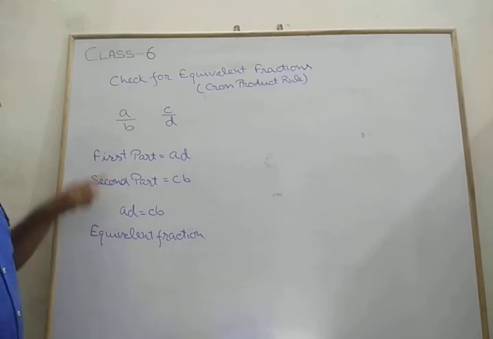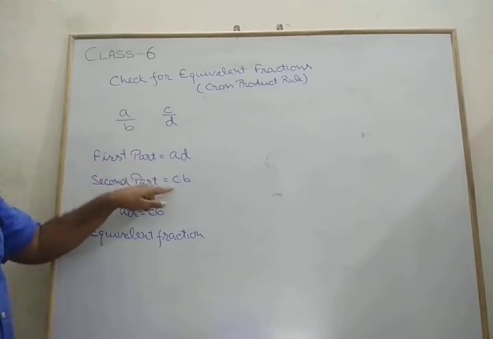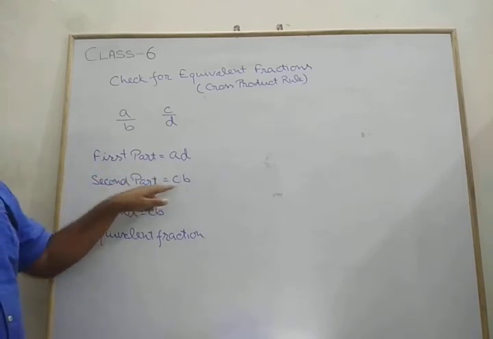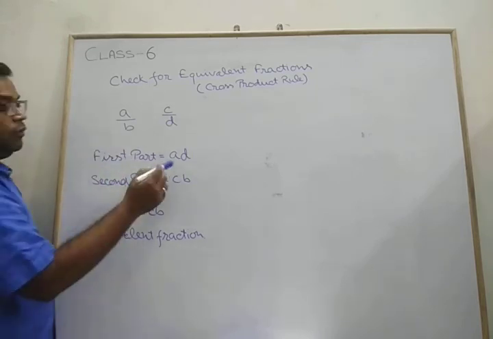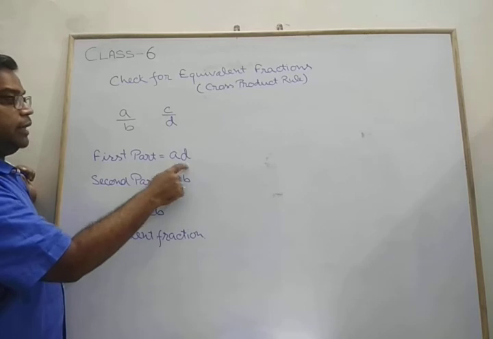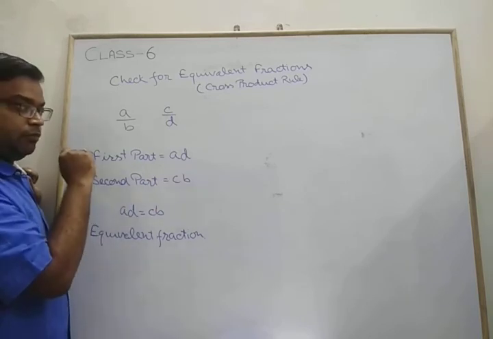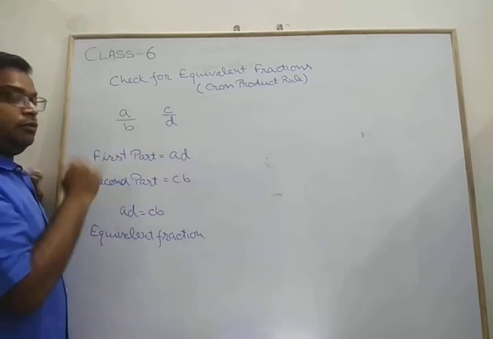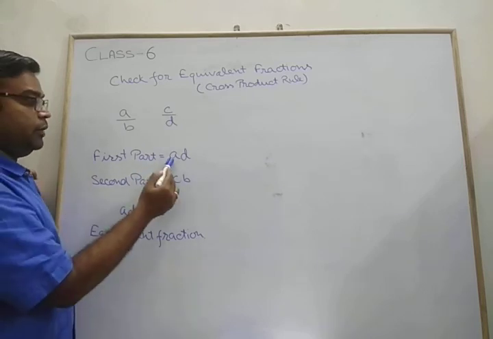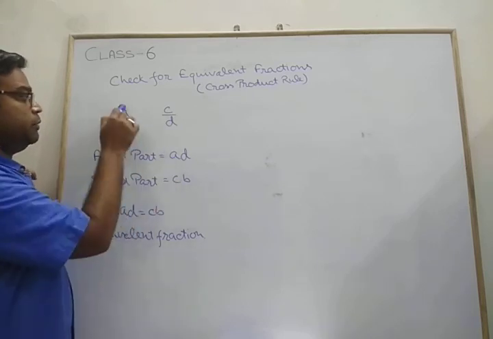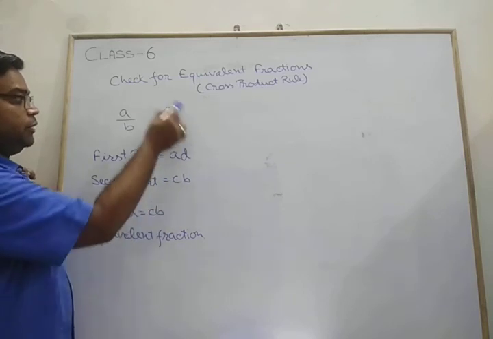Why have I written a and then c first? Because where we have the numerator part, that represents the fraction. Here the numerator is a, so it represents this part. Here the numerator is c, so it represents this part.